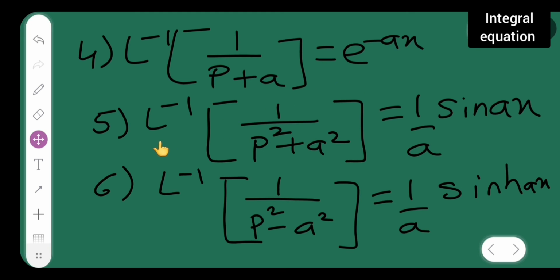Fifth is Laplace inverse of 1 upon p square plus a square is equal to 1 upon a sine of ax.